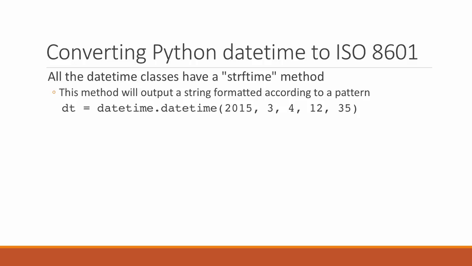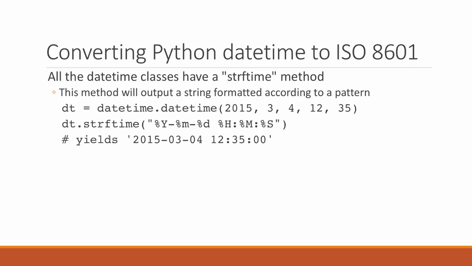So if we create a datetime object that represents March 4th of 2015, and I use dt.strftime and pass in this pattern, which basically says, give me the 4-digit year, the 2-digit month, the 2-digit day, the 2-digit hour, 2-digit minute, 2-digit second, it will give me a string that's in ISO 8601. And you're welcome to just copy this little pattern whenever you need to convert datetime objects into ISO 8601.